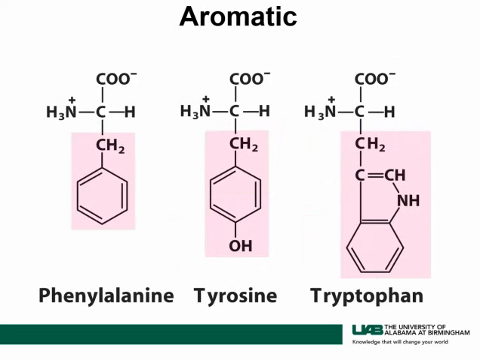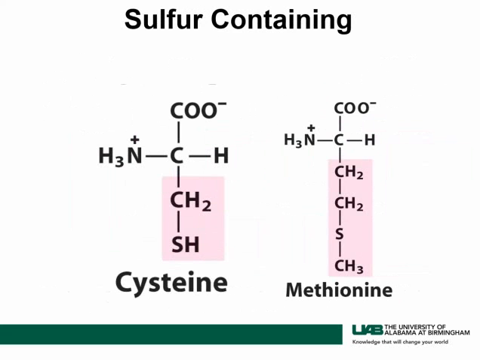The second group is the aromatic, and this is very easy because you look at the R groups, and the R groups contain ring structures. The next one is all the amino acids that contain sulfur, and this consists of cysteine and methionine. They are sulfur-containing R groups.